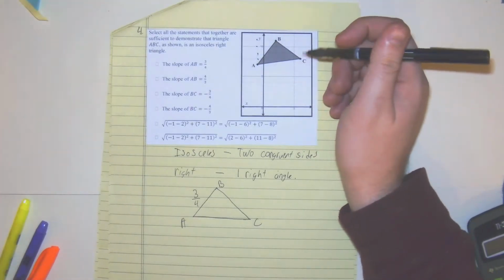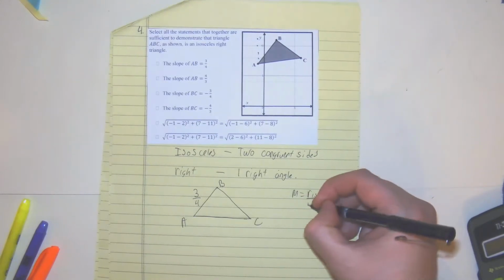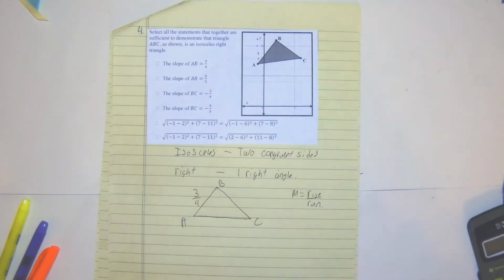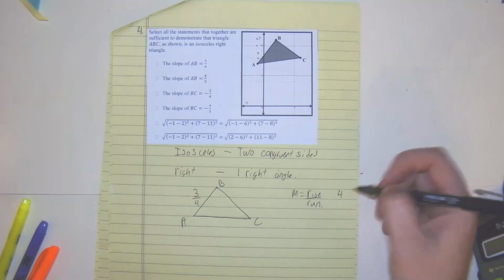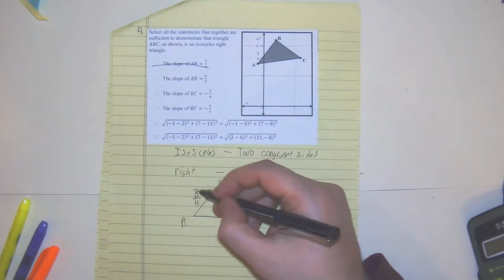Well, slope is rise over run. And right away I can see the slope of AB is not 3 over 4 because we just saw that the rise is 4. Only option here would be the B.